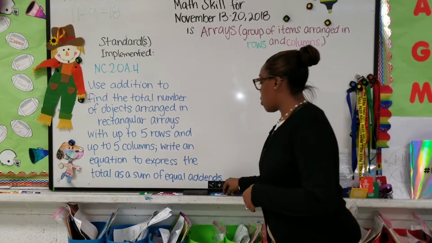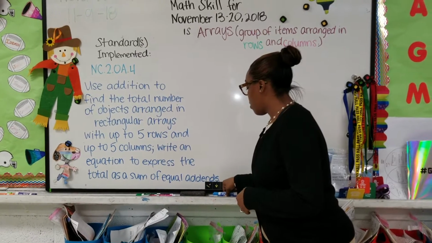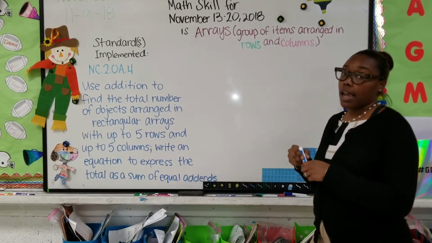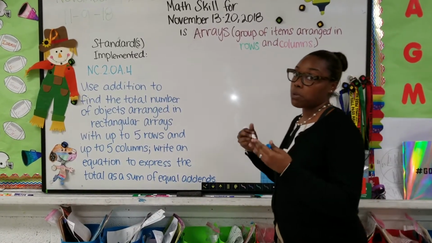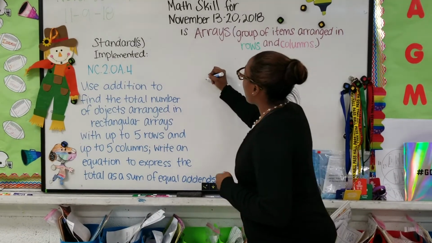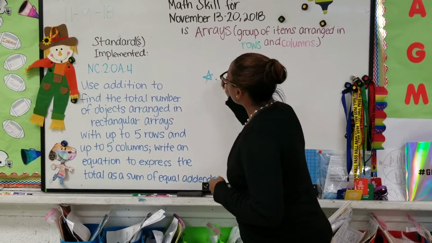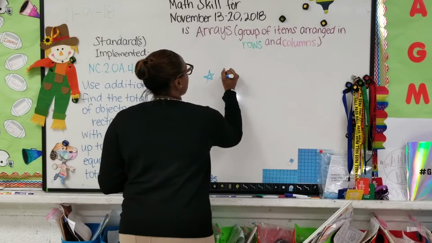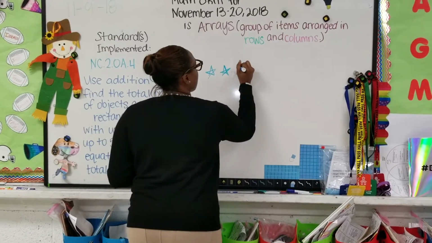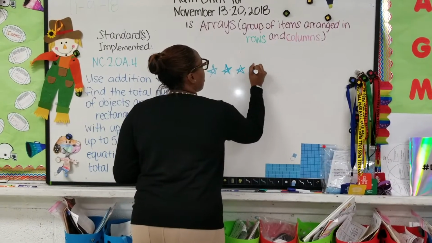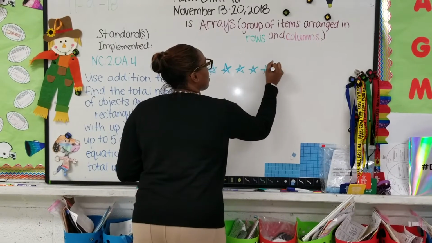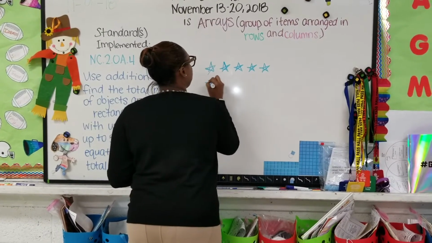So I am going to go ahead and draw some stars as our items to represent our whole numbers. So I am just going to do a total of 25 stars. And I'm going to put them in 5 rows and 5 columns.